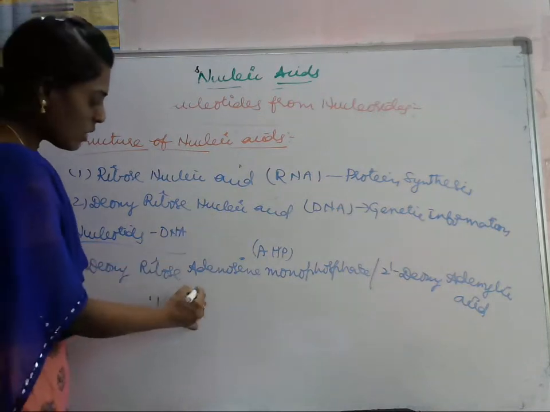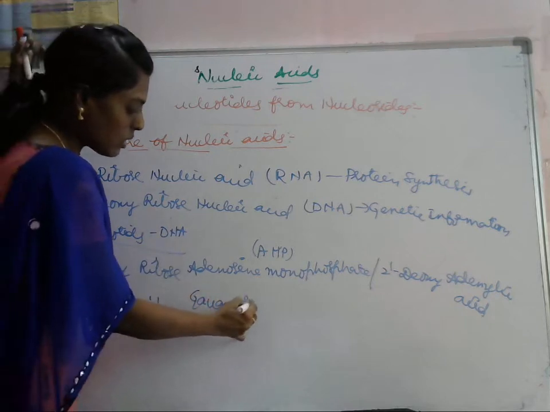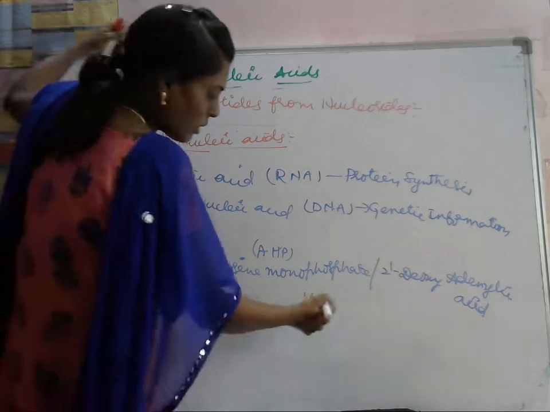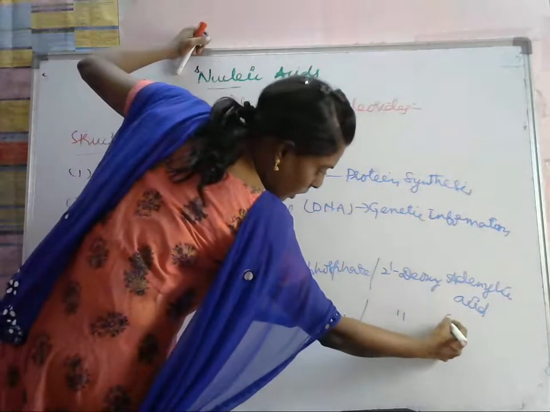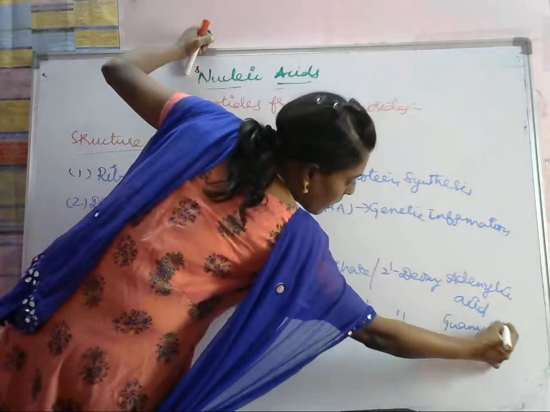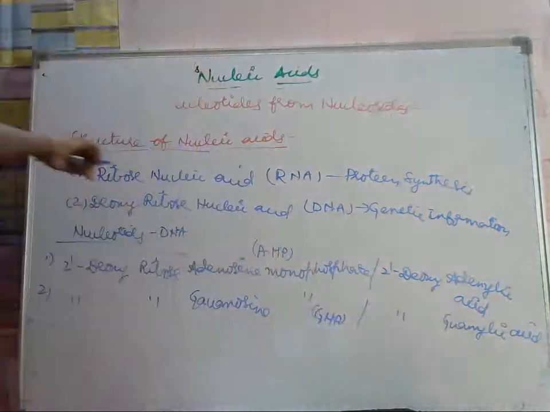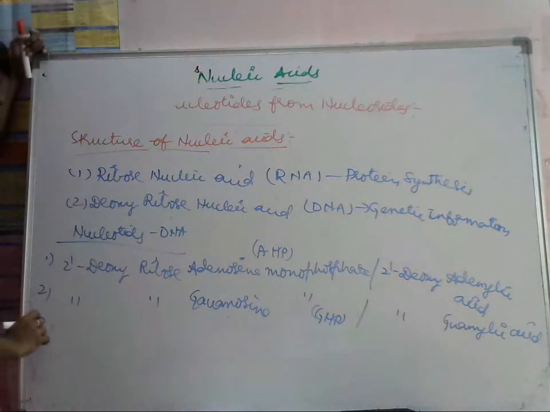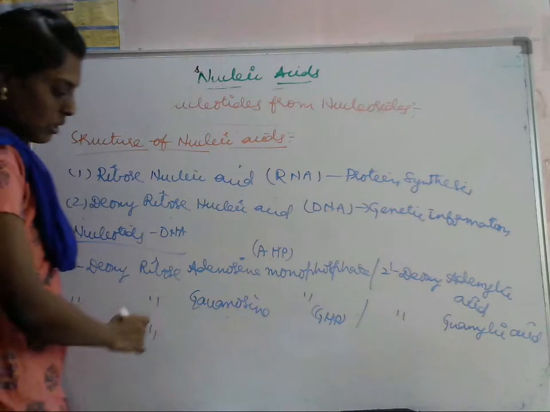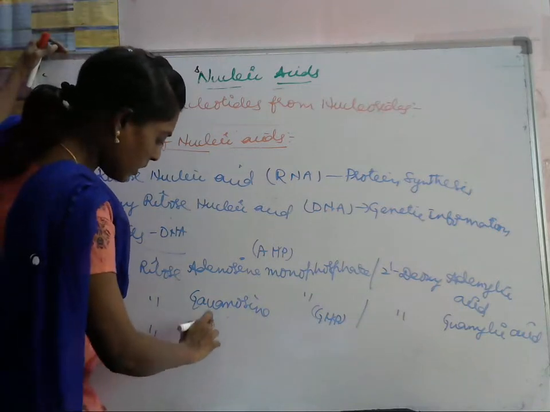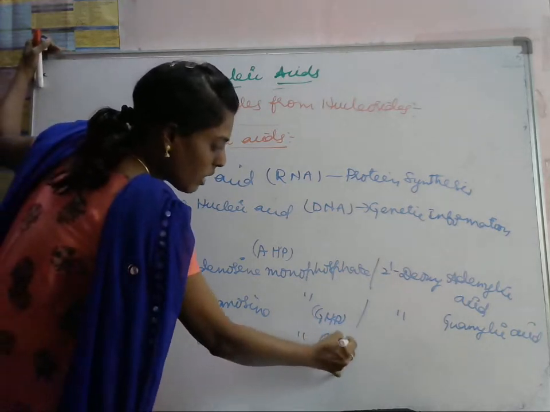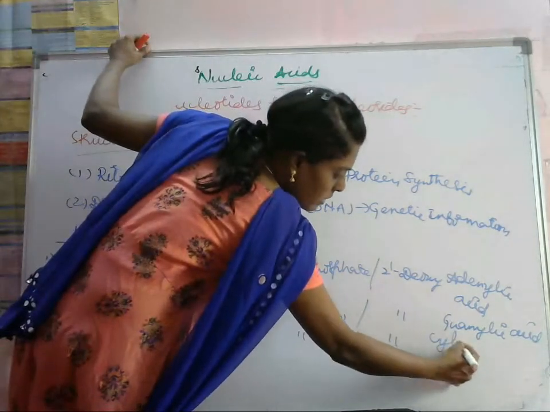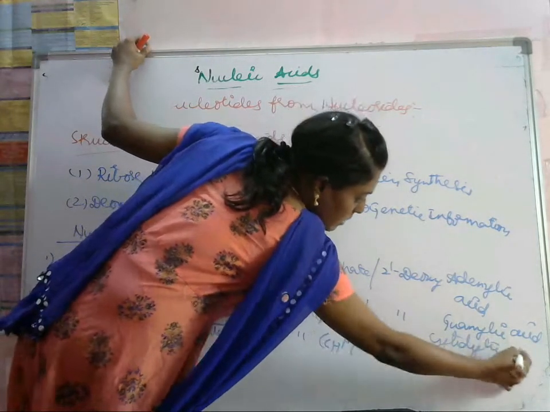In the place of adenosine, we replace it with guanosine monophosphate, or GMP, otherwise guanylic acid. Next, the third nucleotide present in these nucleic acids: 2' deoxyribose cytidine monophosphate, which is called CMP, or cytidylic acid.